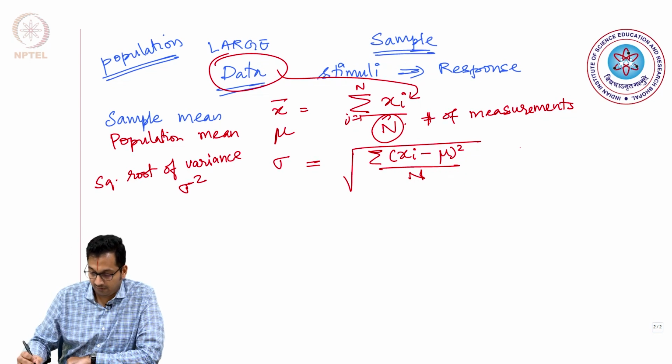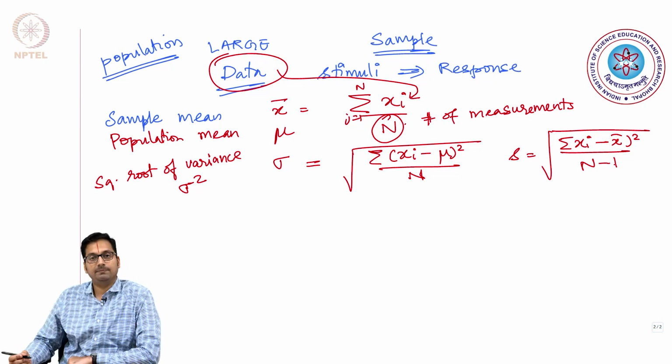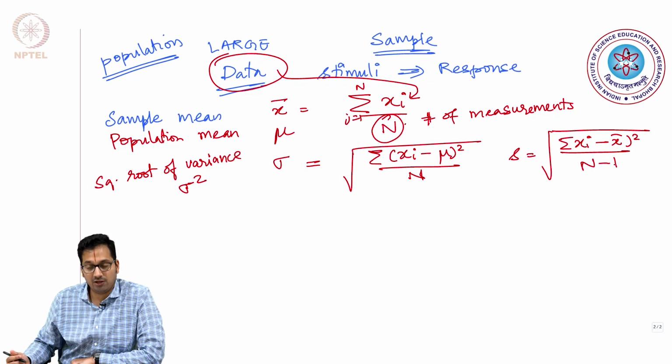Of course, when it becomes a small data set, it becomes the sample standard deviation. That will be given as square root of sum of (xi minus x bar) the whole square divided by n minus 1. Okay, so these were the definitions that we saw in the previous class.